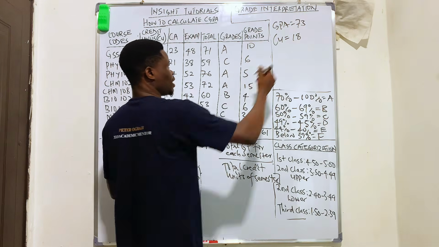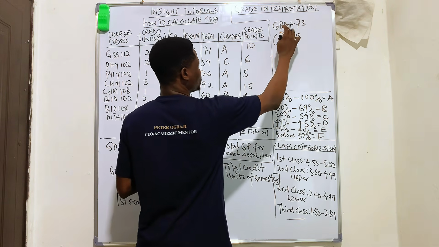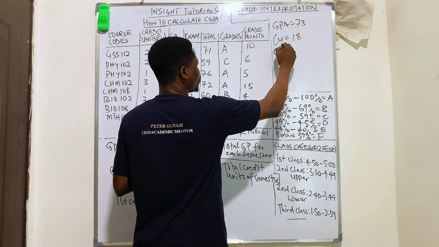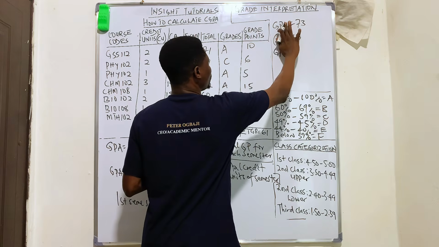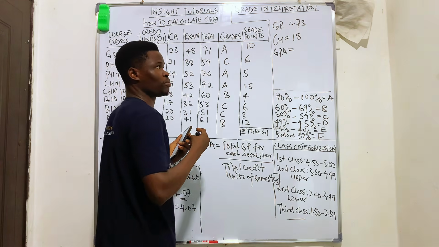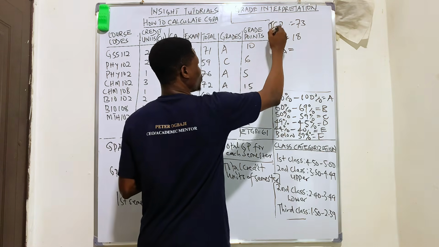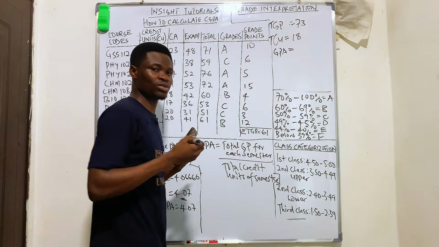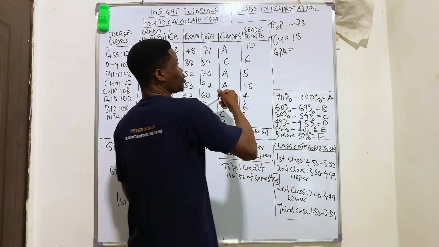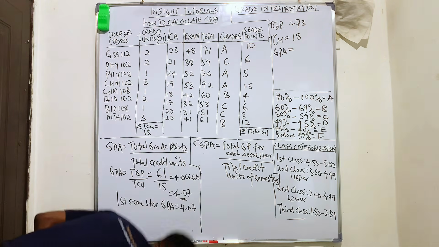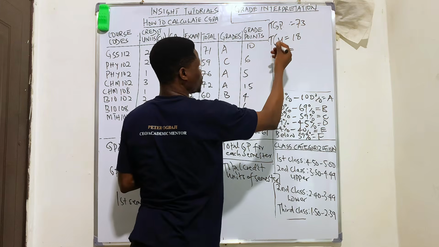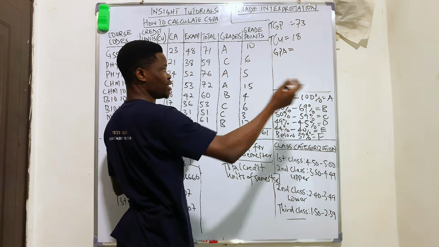So this is the student's total grade points and total credit unit, not GPA. Sorry, my bad. The student's total grade point is 73, and the total credit unit for that semester is 18.